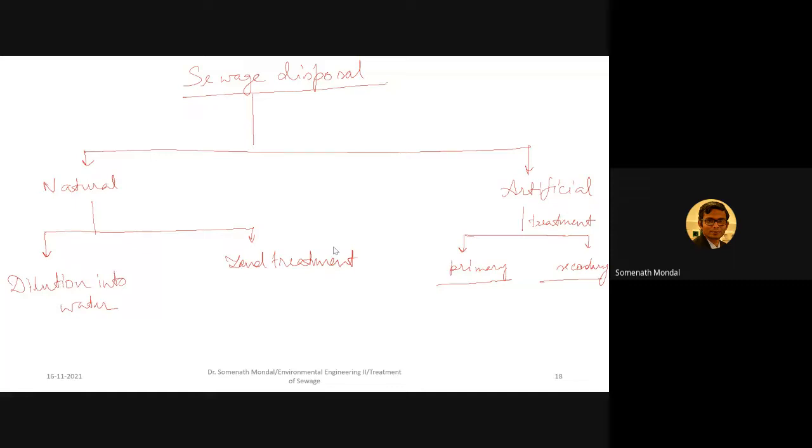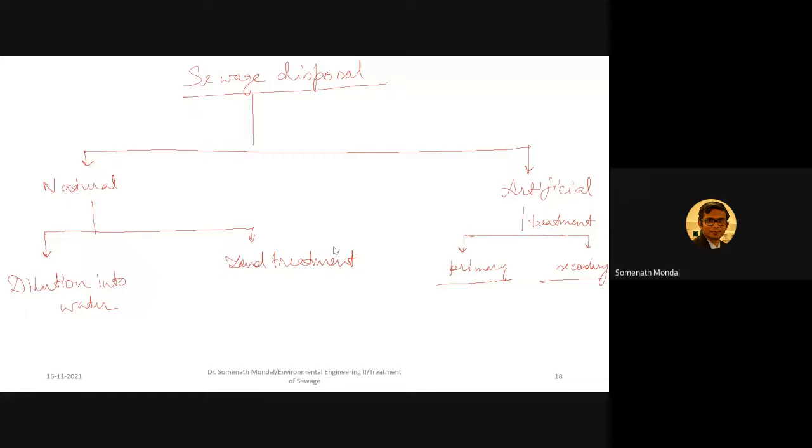And the sewage, in due course of time, is purified by what is known as the self purification capacity of the natural water. Several small mechanisms or biochemical reactions go on in natural water bodies, and those actually reduce the harmful concentration of the sewage, and thereby it purifies itself.